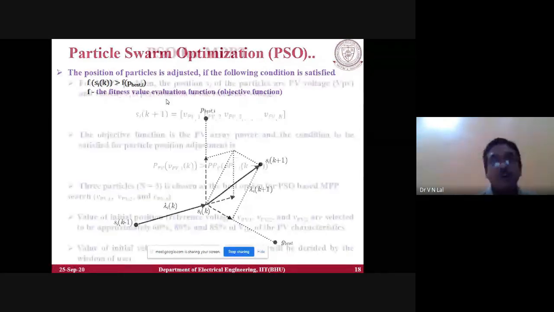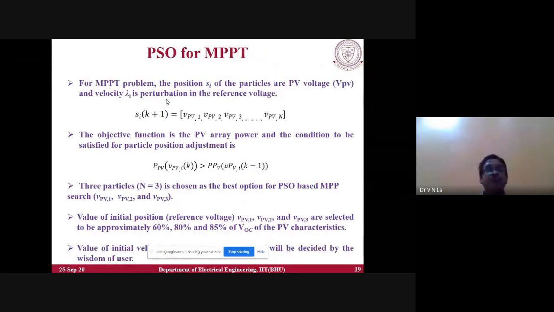Okay, now come to MPPT, PSO for MPPT. For the MPPT problem, we have understood the basic equations of PSO, that we should have position, we should have velocity, and we should have an objective function. Now in maximum power point tracking, we have that characteristic, if you remember, with the PV voltages and the powers corresponding to the PV voltages.